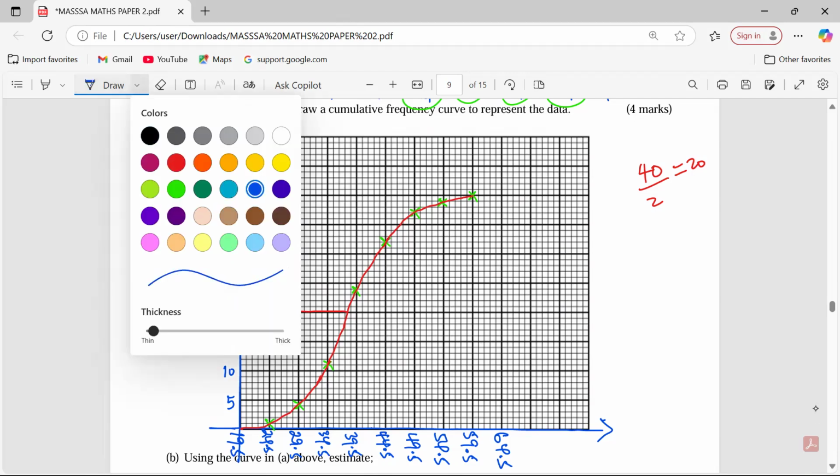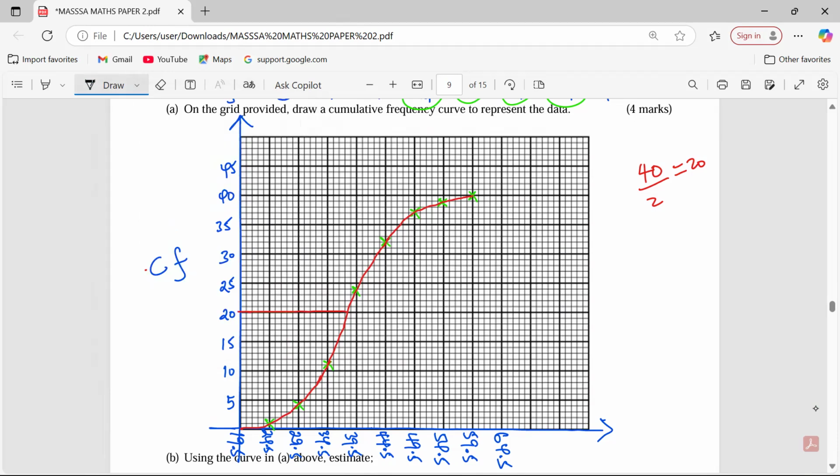Then we check the mark that coincides with that. Actually, we should be reading this using a different color instead of the color that drew the curve. Then we now check on the marks column, what value of mark will be at that point.